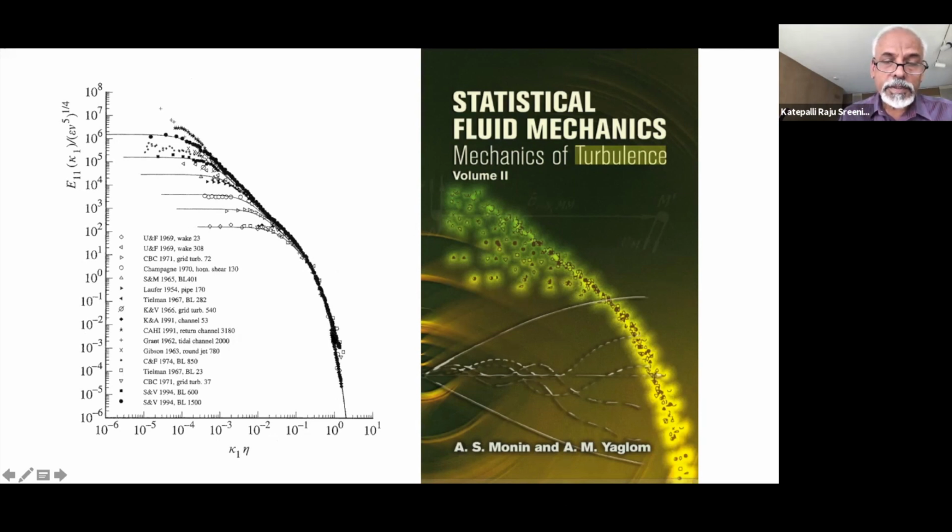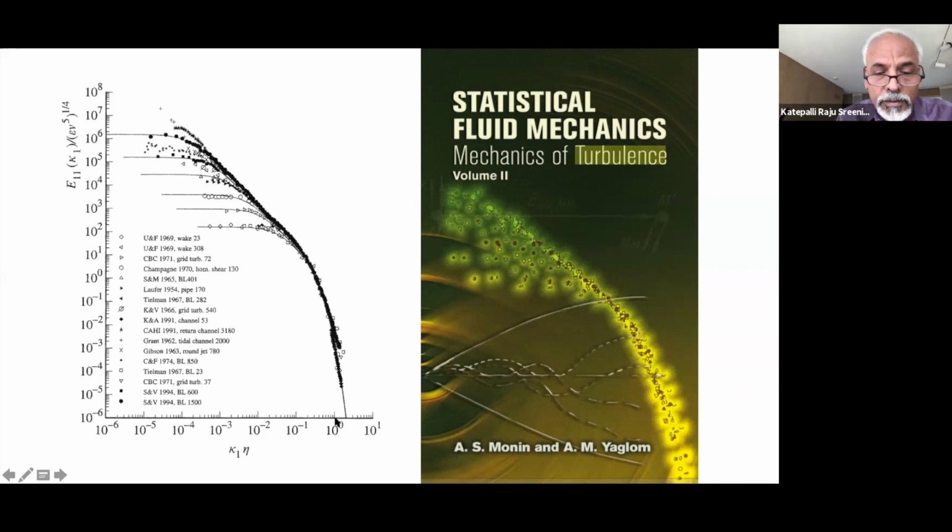It seems to say that everything collapses, except that if you look closely, because this ordinate is so compressed, there is usually an order of magnitude difference between one data set and another for the same k times eta. In fact, this is from the cover of the book by Monin and Yaglom, which is the same thing with some indication of the error bars. As you can see, this just keeps increasing as you go further.